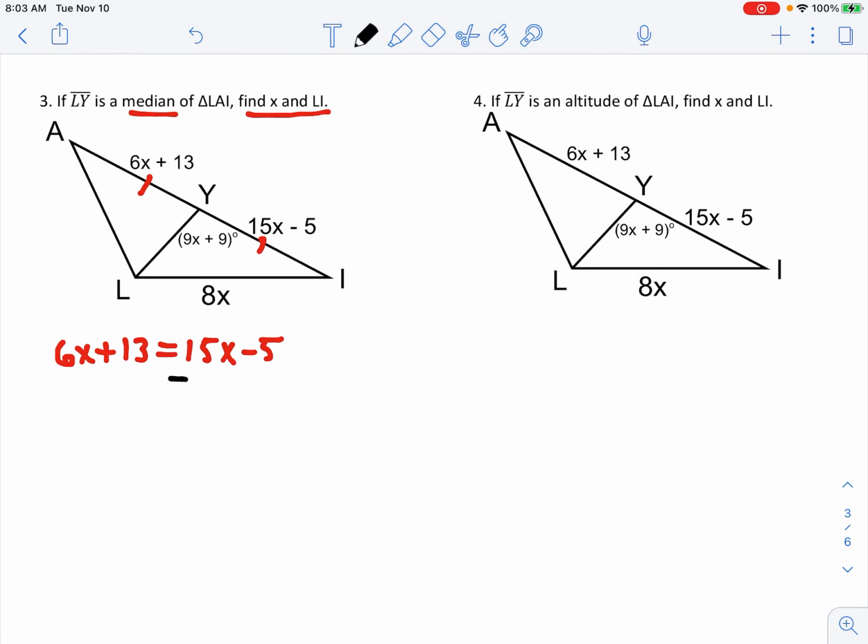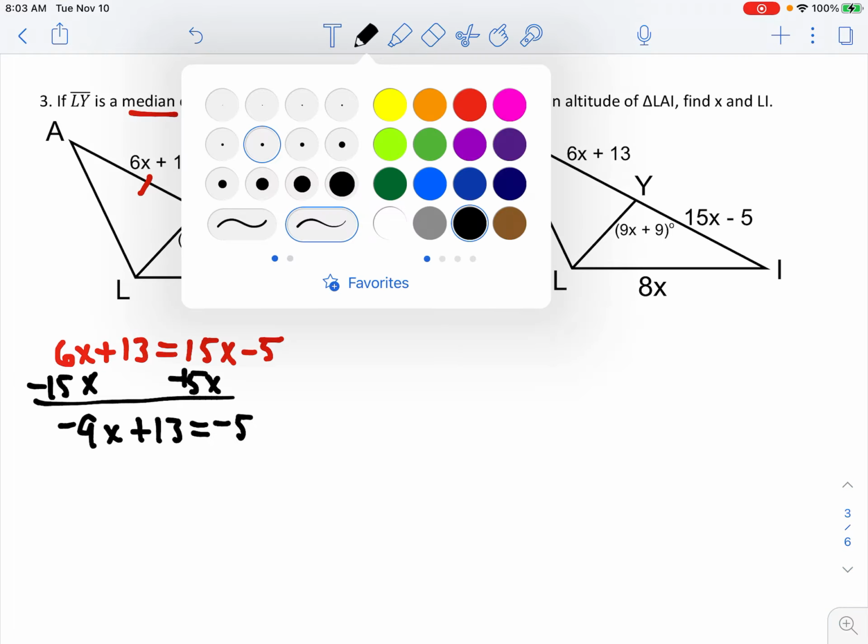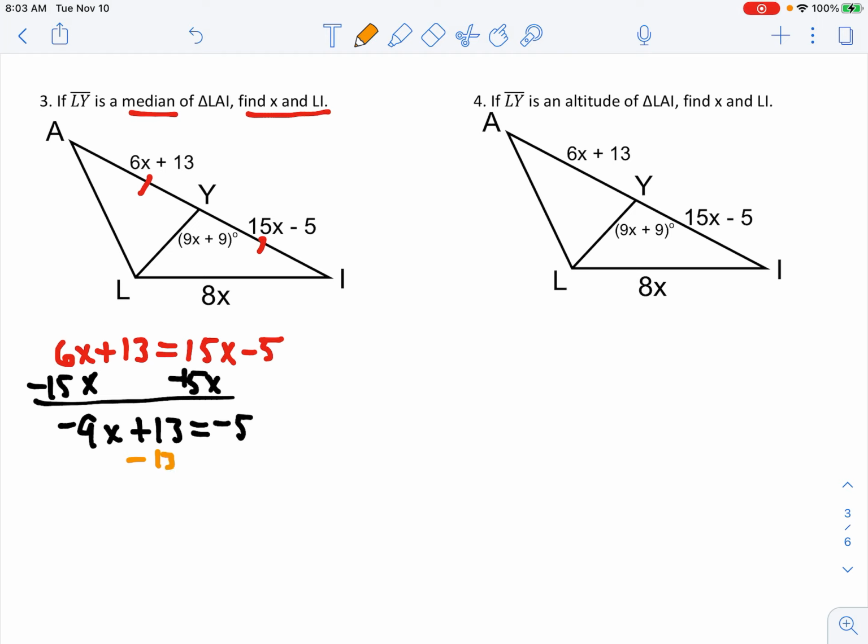Let's go ahead and move our x's over. Minus 15x, minus 15x. I'm left with negative 9x plus 13 equals negative 5. All right, I'm going to subtract 13 over. I'm left with negative 9x equals negative 18.